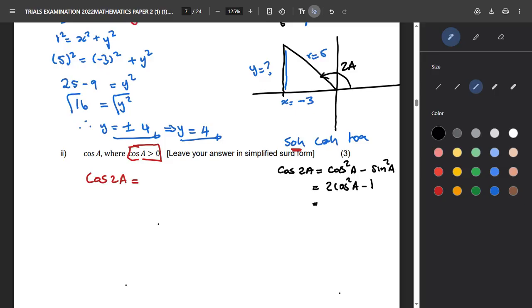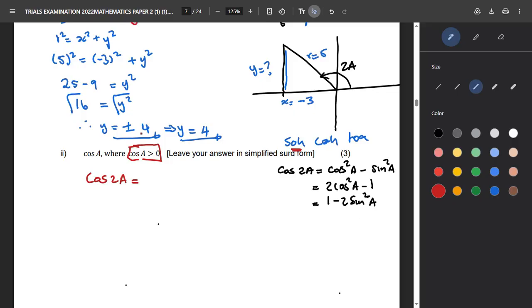Number 3 is 1 minus 2 sine squared a. So it's very important to know which one do we need now. Which one do we need?